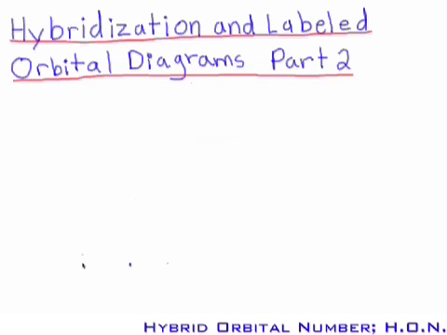For atoms other than carbon, in fact, for certain carbon molecules, we have to add one new aspect to our definition of H.O.N. H.O.N is not just the number of atoms. H.O.N, hybrid orbital number, S.N, steric number, or sometimes it's called C.N, coordination number.